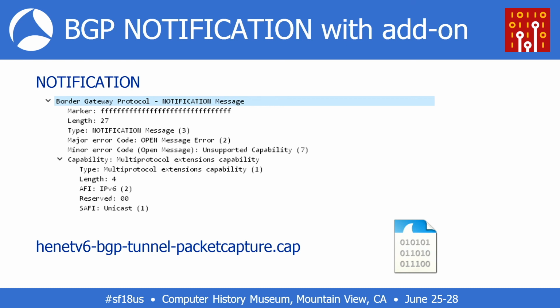And in this case, they tell you that the extension is not supported. One BGP speaker advertised something, and the other cannot understand it, and tells them back, by the way, multi-protocol extension capability I'm not supporting.